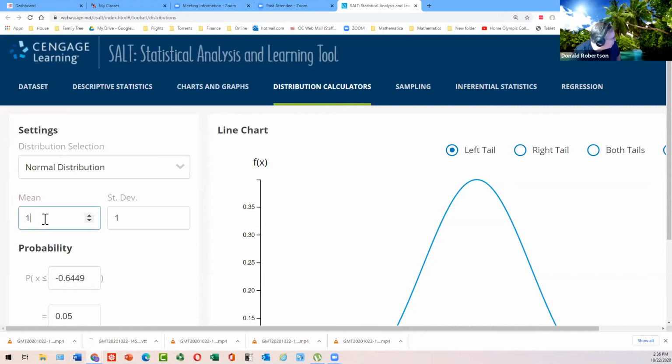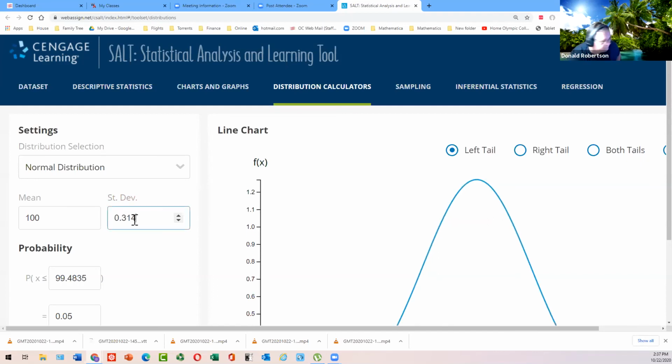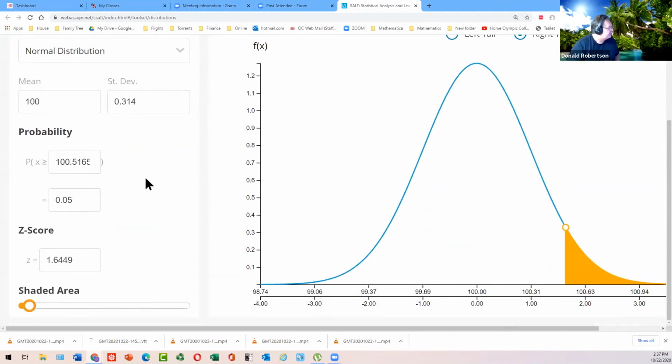The mean is still 100. The sampling distribution is a little bit different. It was 0.314. And we want to know what's the chances you're to the right of it. And this number is 101. And there's my answer.